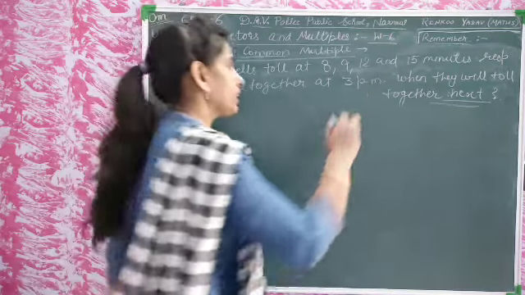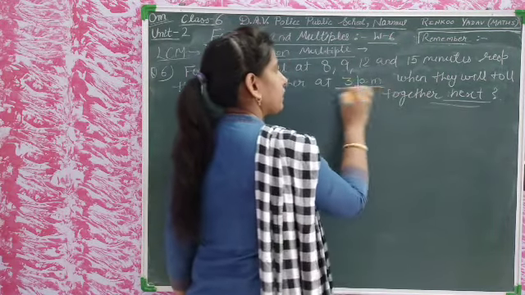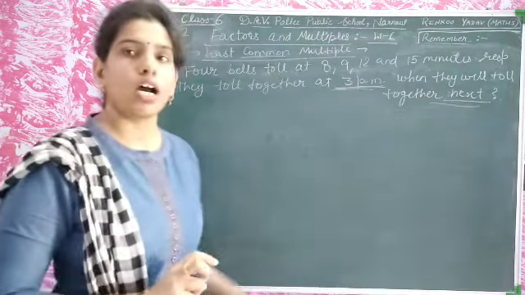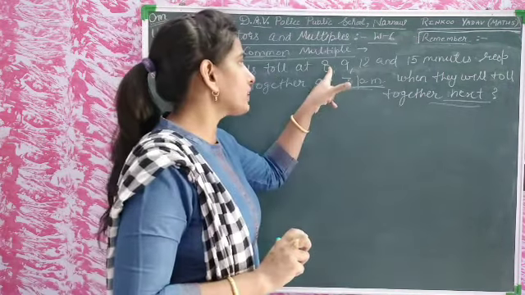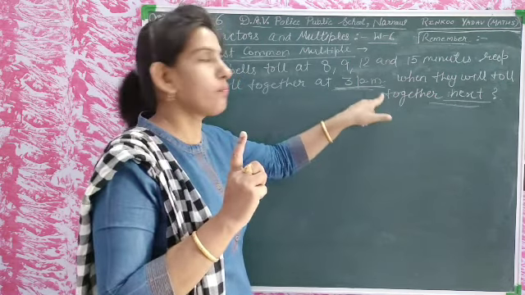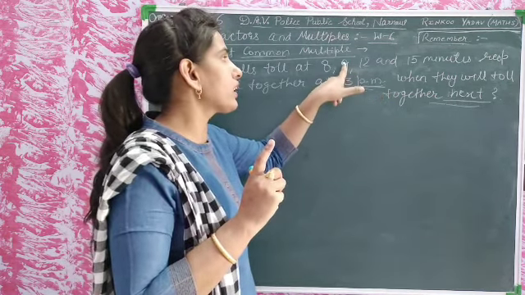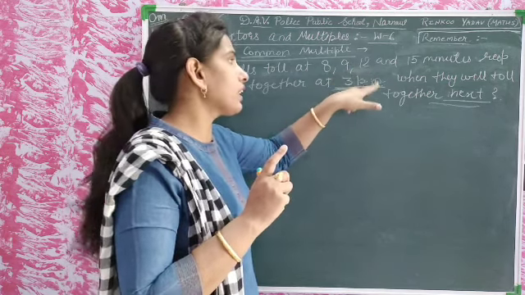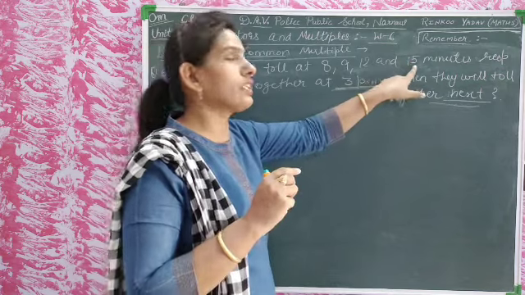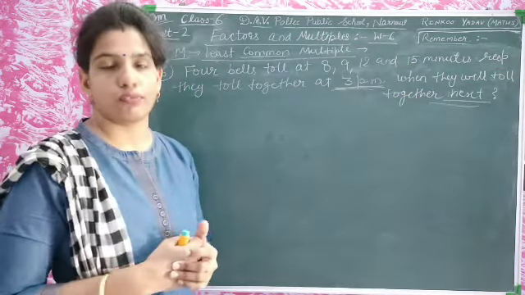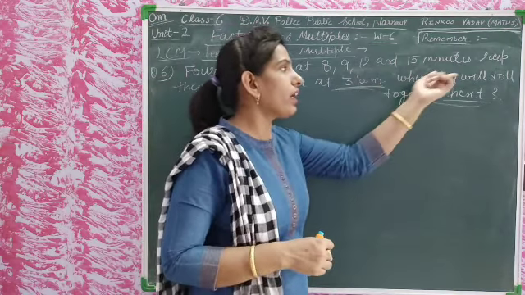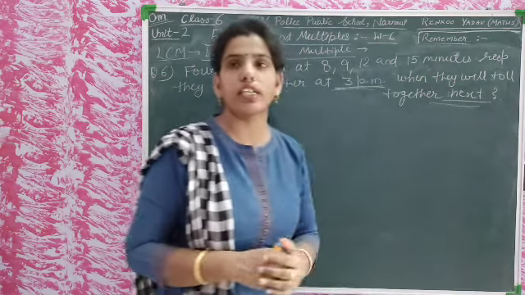It is given that the first time they toll together at 3 p.m. All the bells toll together at 3 p.m. After 3 p.m., the first bell tolls at 3:08 p.m., the second bell at 3:09 p.m., the third bell at 3:12 p.m., and the fourth bell at 3:15 p.m. The question is: when will they toll together next time?